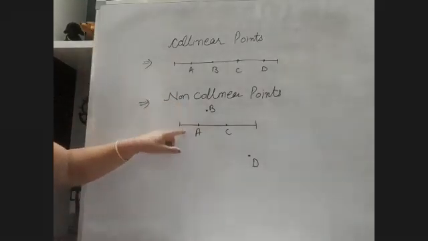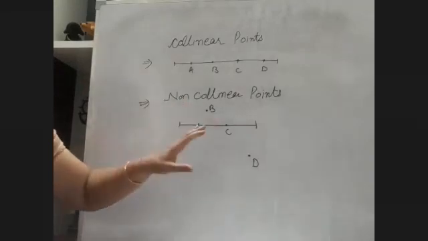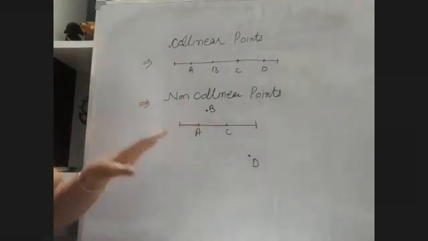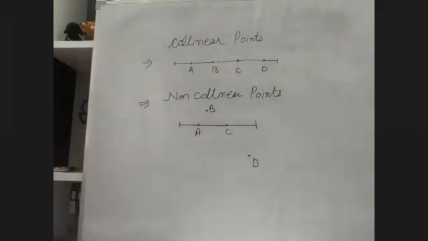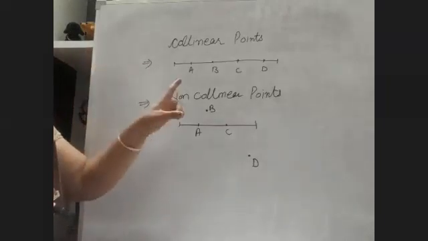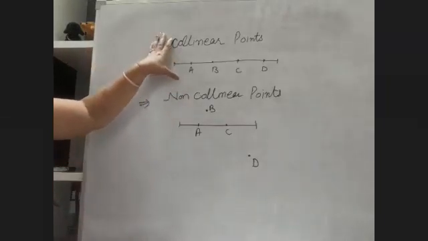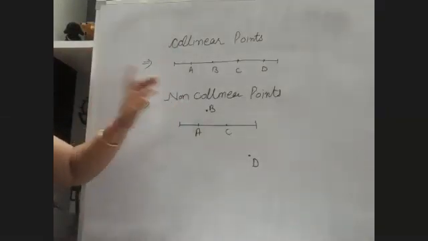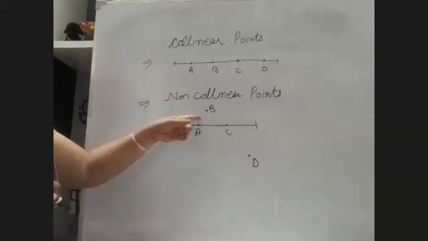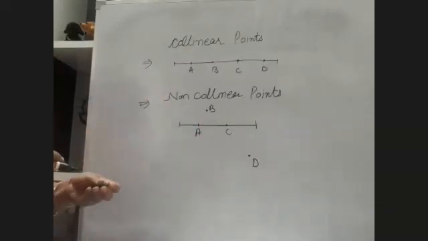It means A, B, C, D are non-collinear points. So basically, the points which lie on the same line are known as collinear points, and the points which do not lie on the same line are known as non-collinear points.